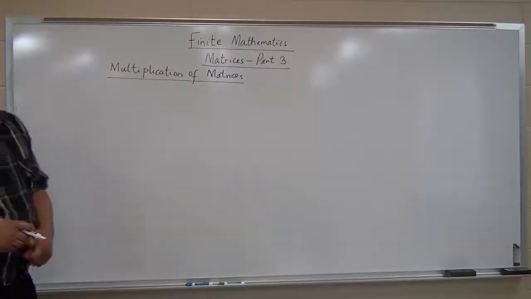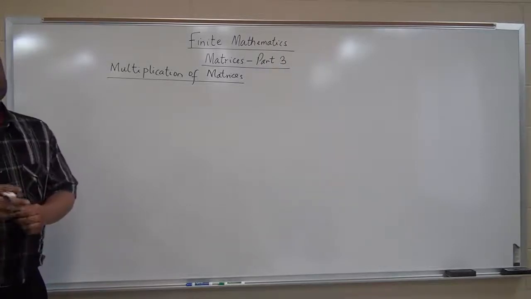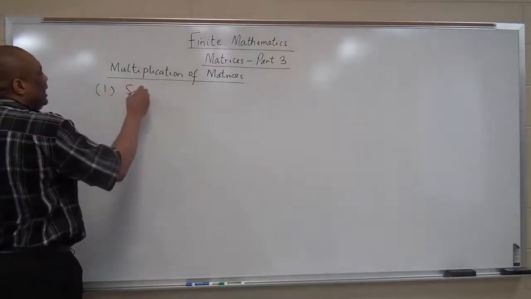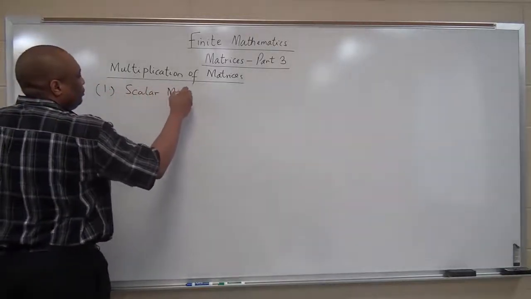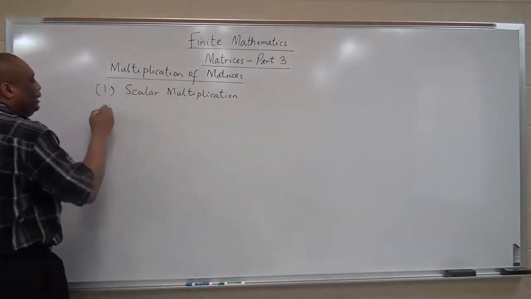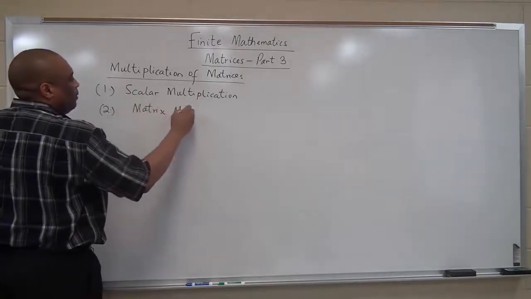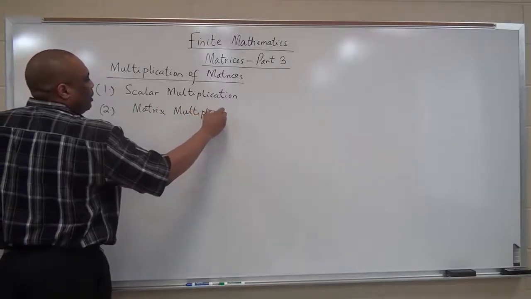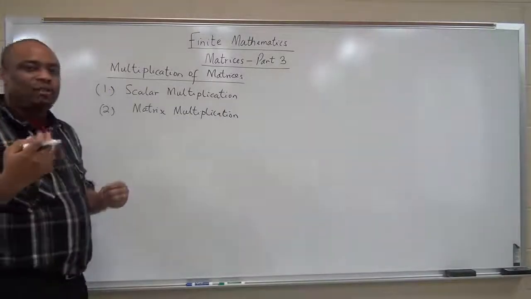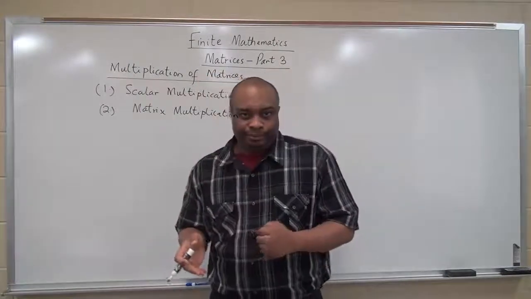We have two types of multiplication of matrices. It could be scalar multiplication or matrix multiplication. When we talk of scalar multiplication, we are talking of a scalar quantity, like a number, multiplying a matrix.